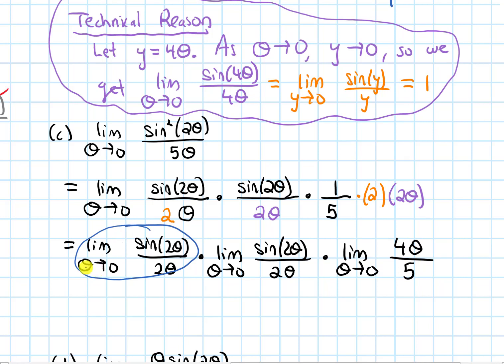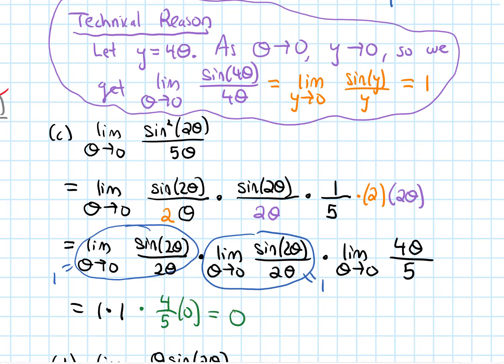So this is our special limit, which is 1. This is our special limit, which is 1. So we get 1 times 1. And with the last limit, we can just plug in 0 for theta to get 4/5 times 0. So overall, this is just 0. And that is our answer.